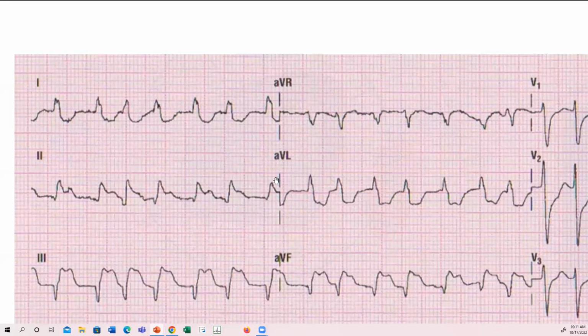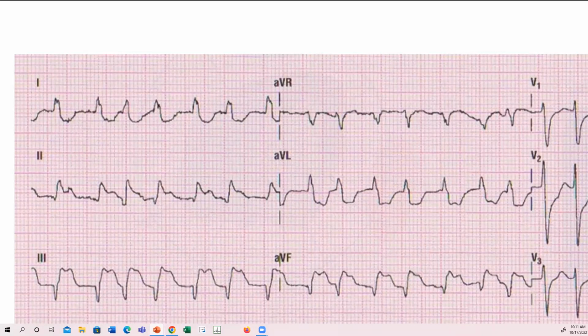But we all know that there are 2 kinds of bundle. One, the right bundle, and the other one is the left bundle. And thus, what do we have to do in order to identify which bundle is blocked?